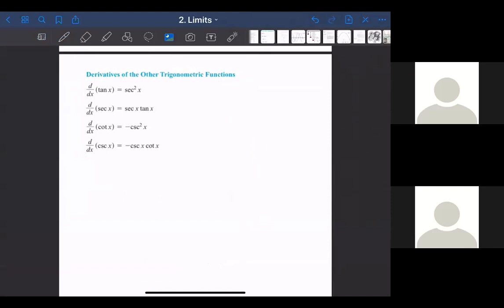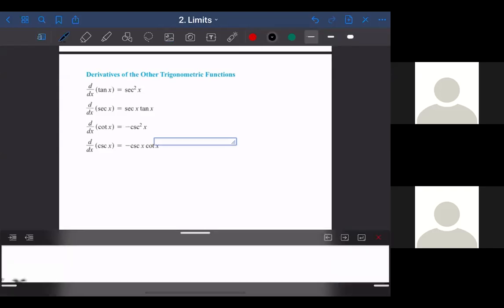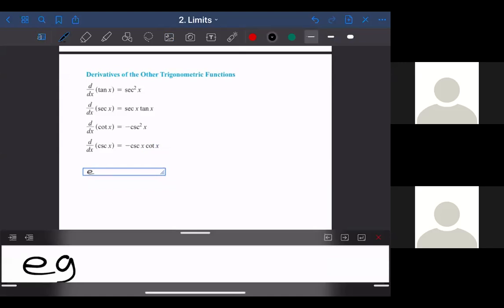The derivative of sec x is sec x times tan x. And let me just give one example of how you calculate that. So just d by dx of tan x.